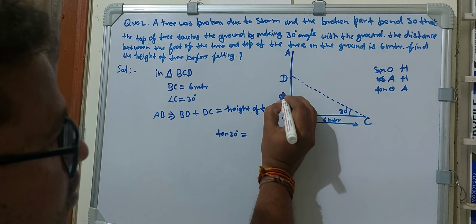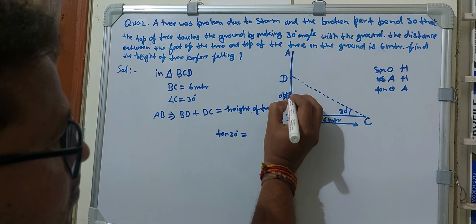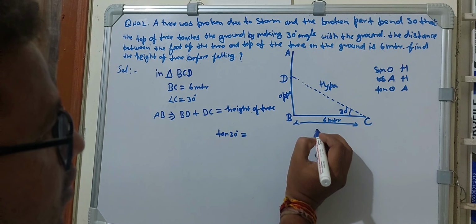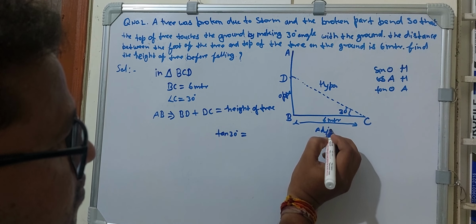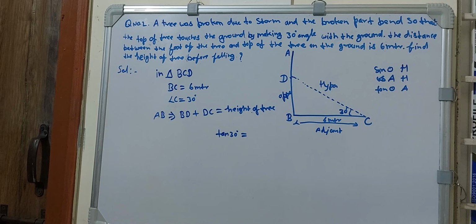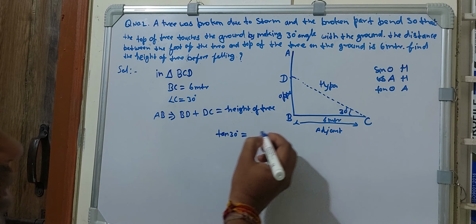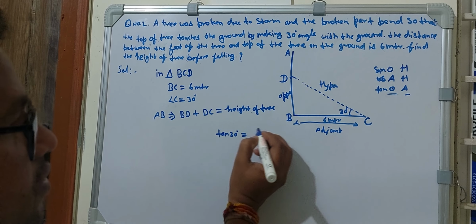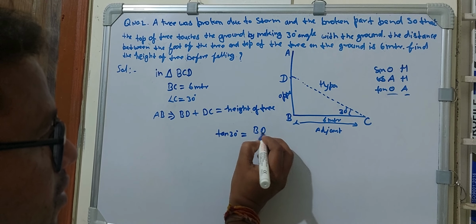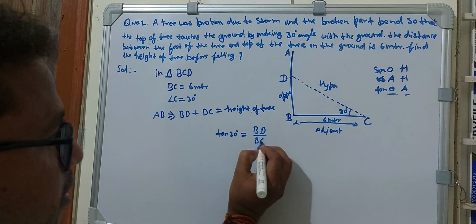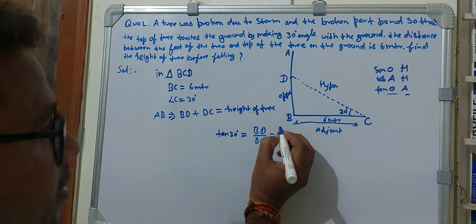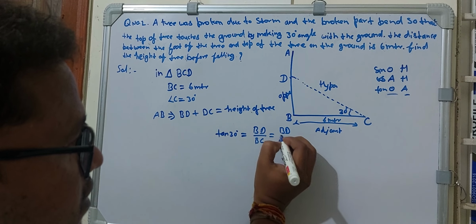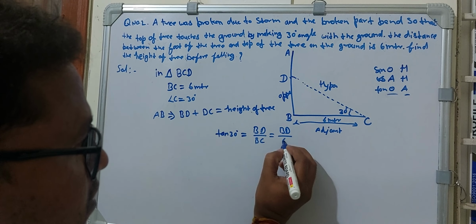This is your opposite, and this is your hypotenuse, and this is your adjacent. So we'll use tan 30, means tan 30 is what? Opposite by adjacent, means BD by BC. BD we don't have, so we'll write BD as it is, and BC will write 6 meter.